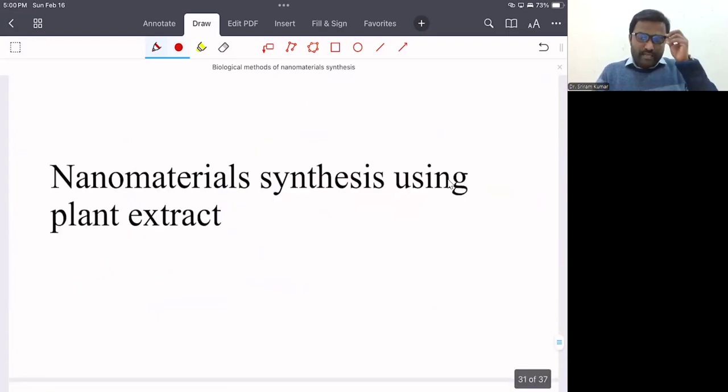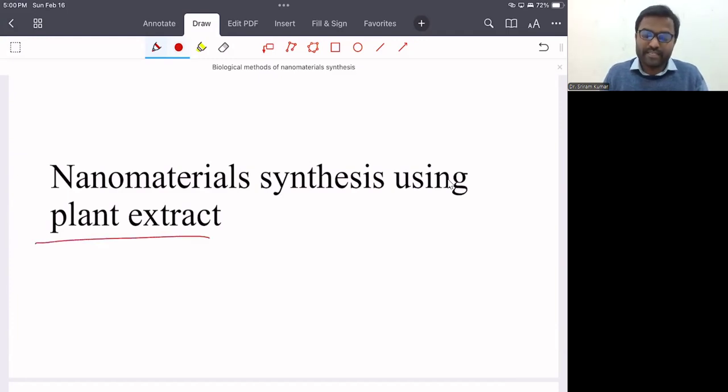So now let's understand the use of plant extract in nanomaterial synthesis.